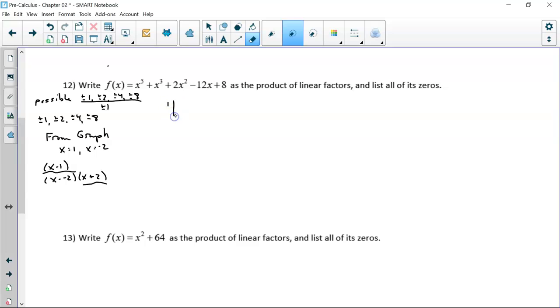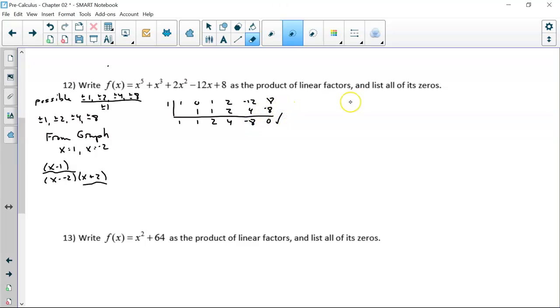So I'm going to put my 1 on the outside. On the inside, 1, 0 for the x to the 4th, 1, 2, negative 12, and 8. Bring down the 1, 1, 1, 1, 2, 2, 4, 4, negative 8, remainder of 0.